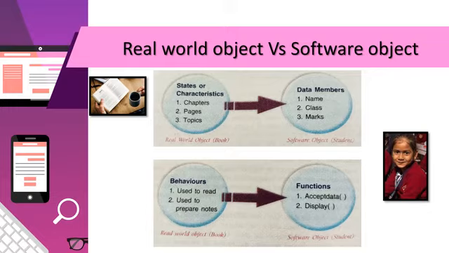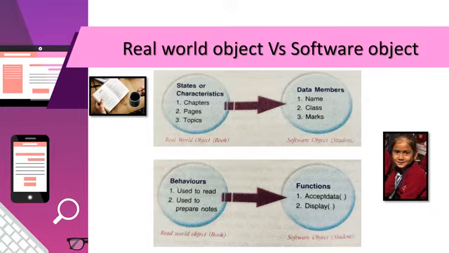Now we'll move on to the behaviors. The behaviors in a real world object are considered as the functions or methods in the software object. What is the behavior of a book? With the help of the book we can read and we can prepare notes.